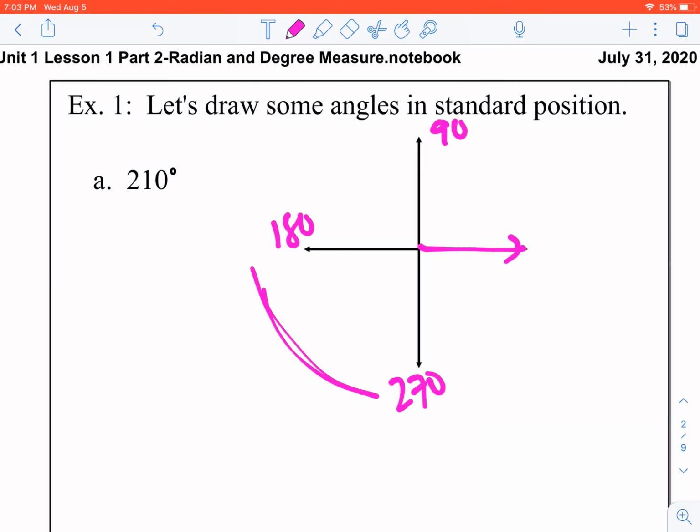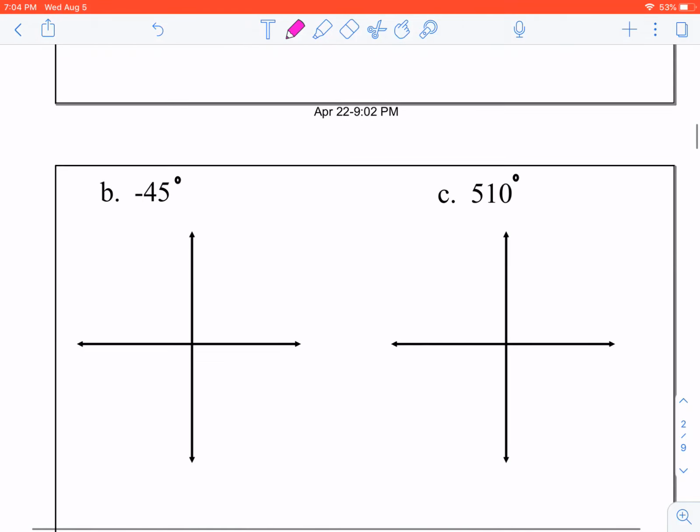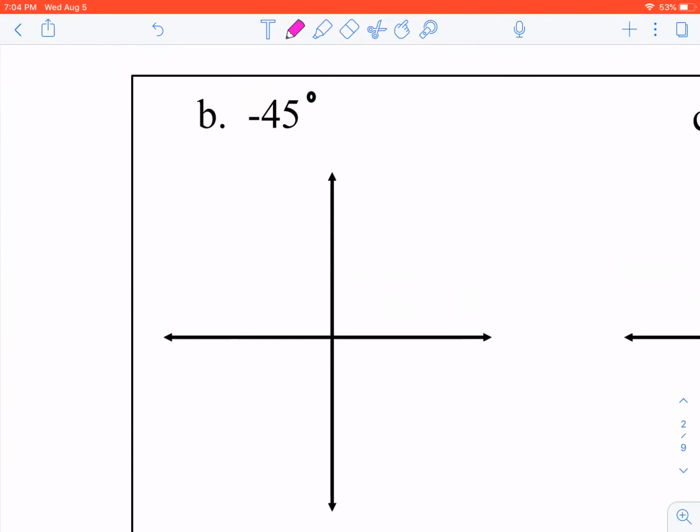It is a little bit closer to 180 than it is to 270. So there's my terminal side, but this is not full credit. I need to put in a direction in order for it to be an angle that I've mapped in standard position.